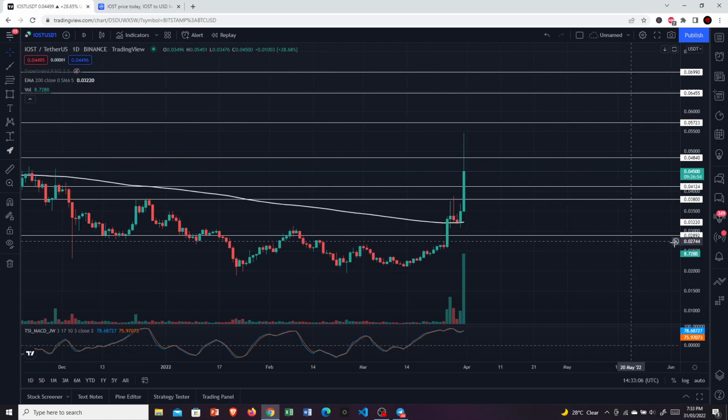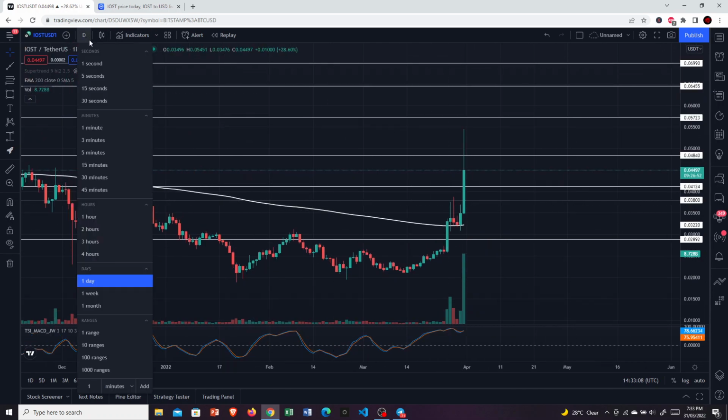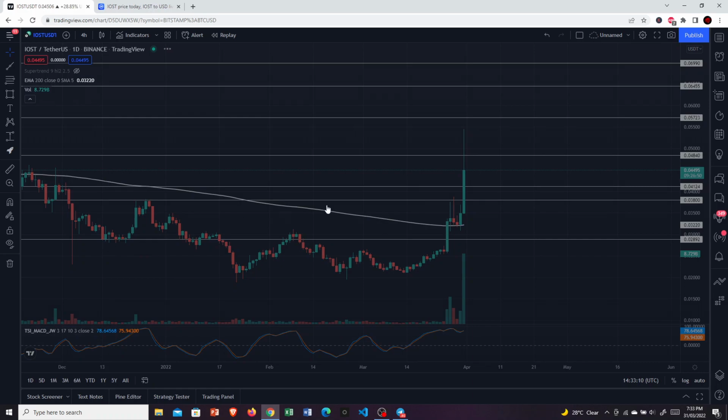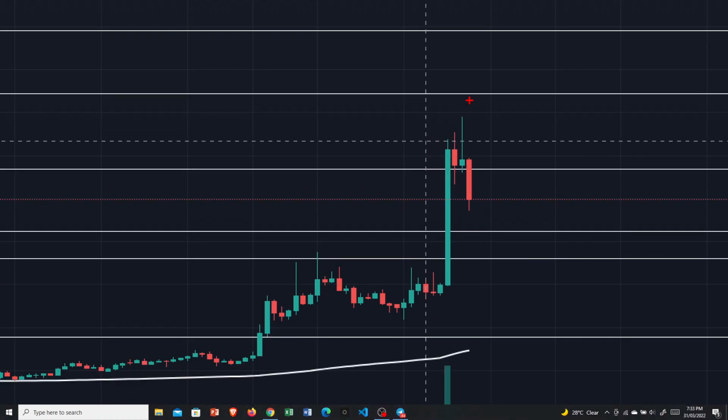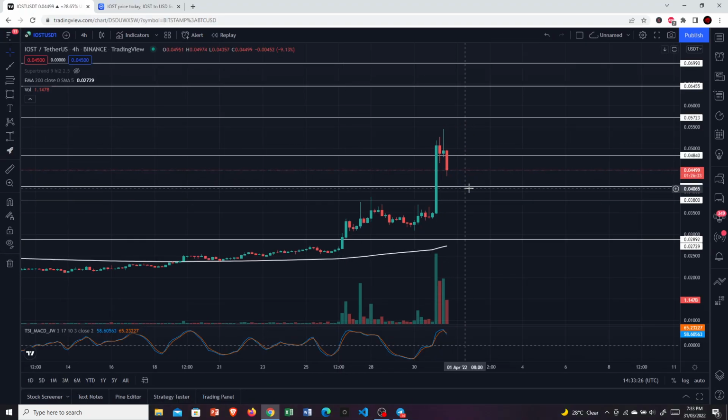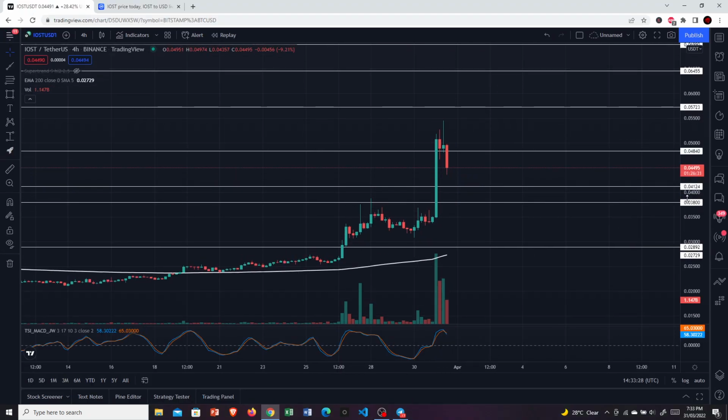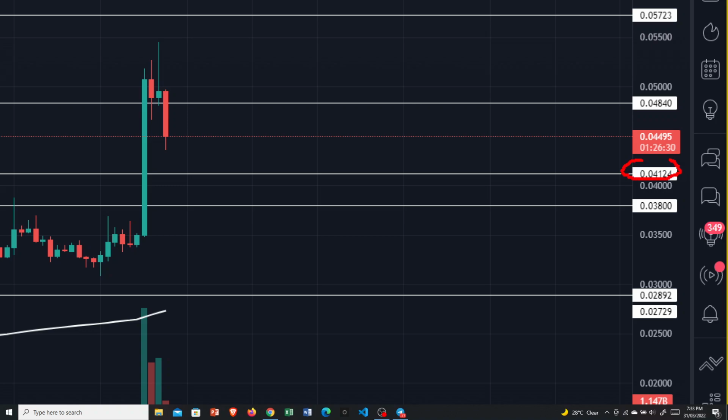Let me shift to the 4-hour time frame, and as you can see, IOST has plunged below this support. The next support to the downside, as mentioned earlier, is at 0.041.